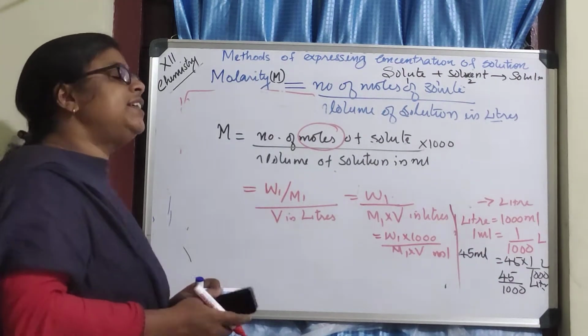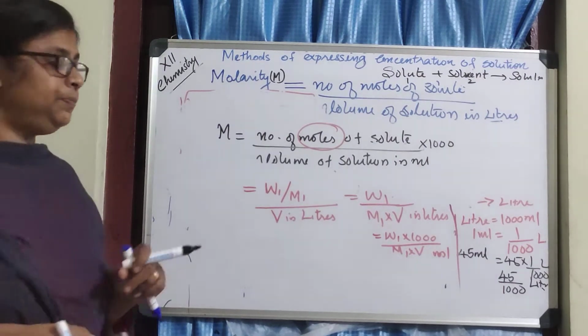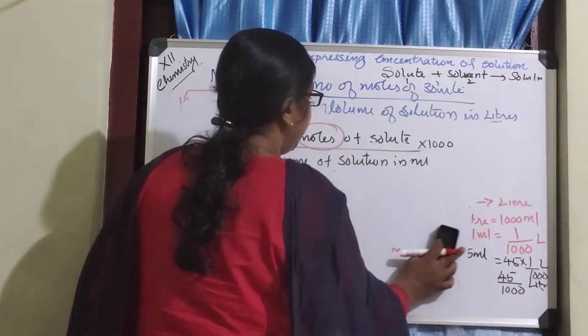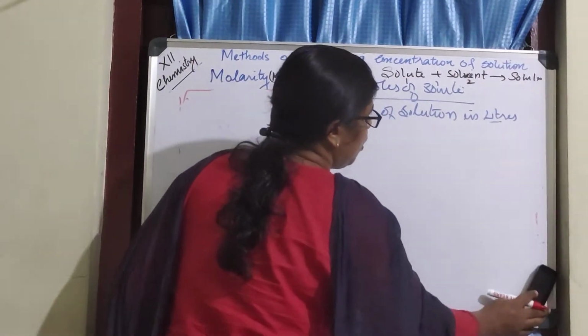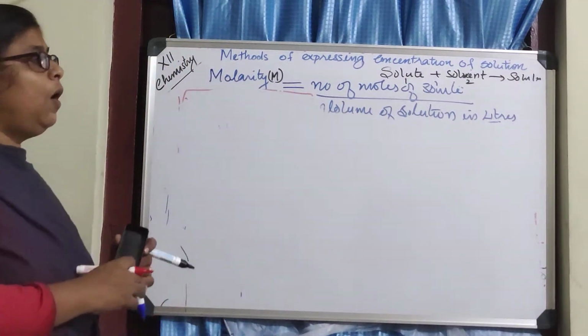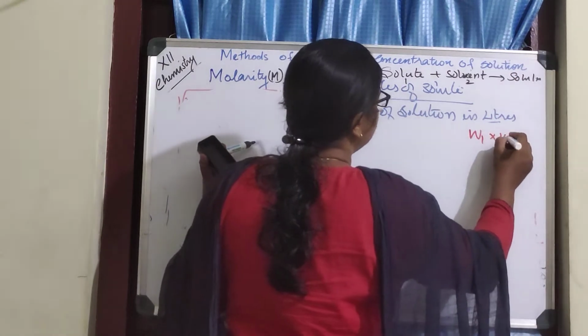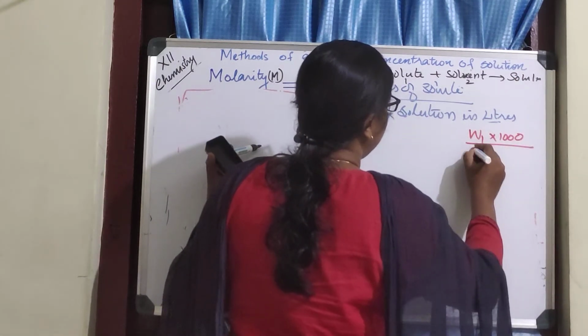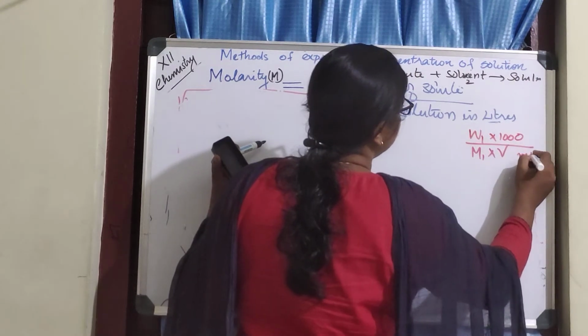Now let us see how we can find the molarity of a solution. So the equation is number of moles of the solute by volume of the solution in liters, or we can use W1 into 1000 by M1 into V if V is expressed in ml.